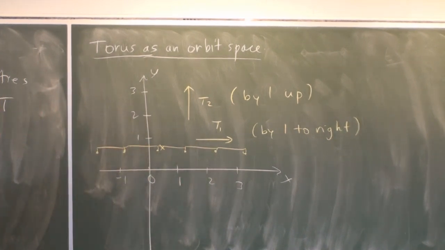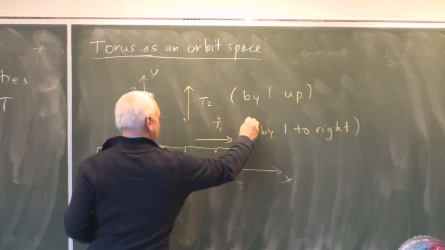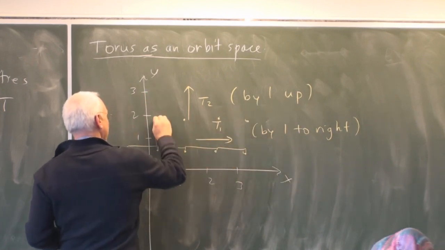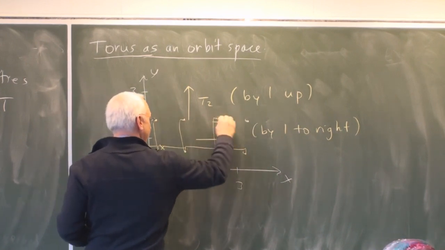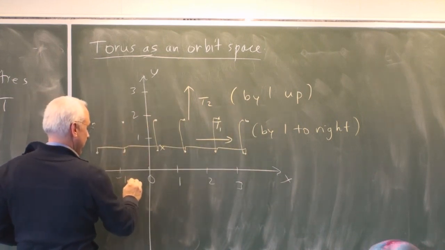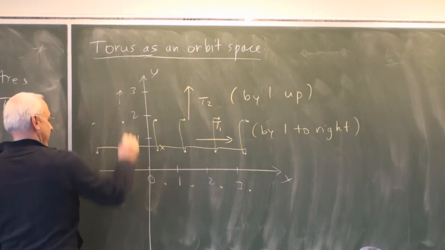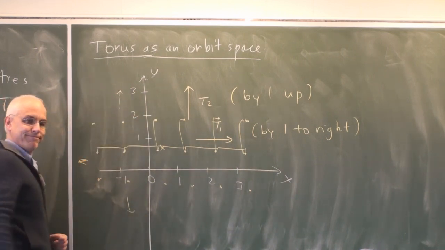But now we're allowed to take any one of those points and also translate by 1 up. So we also go up here, and we also go down. And we can keep going in all directions.